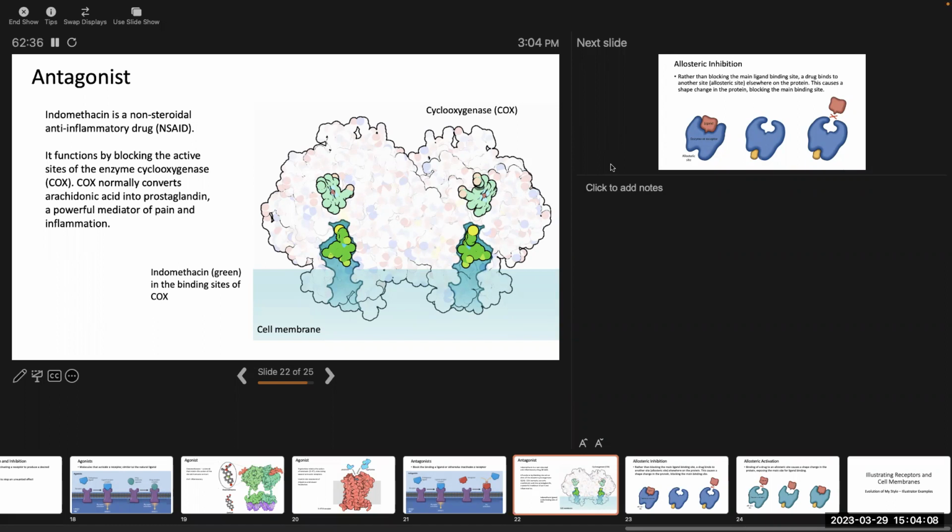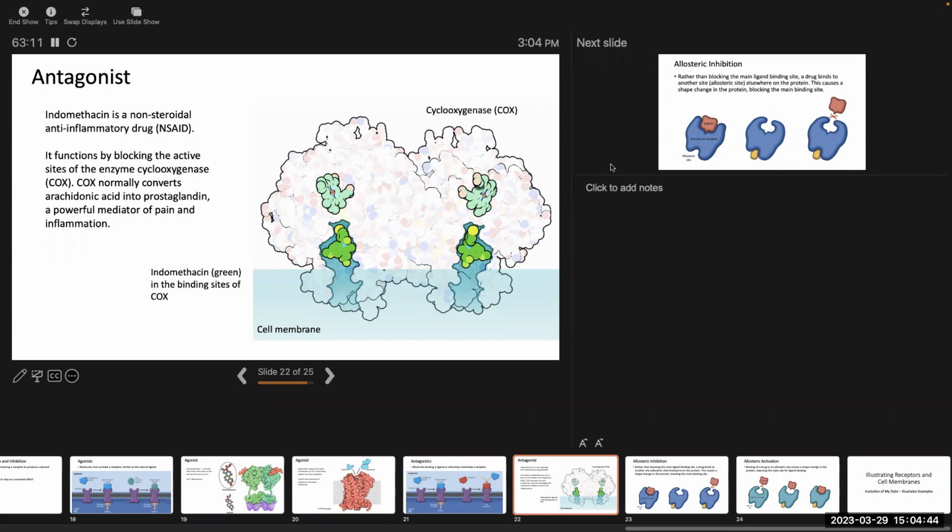So what happens when there's an injury to the body is if cells are damaged, they may release lipids from their cell membrane. And there's one lipid in particular called arachidonic acid. Arachidonic acid binds to this enzyme called cyclooxygenase. The enzyme converts arachidonic acid into something called a prostaglandin, which is an important molecule that then triggers an inflammatory response and also causes pain.